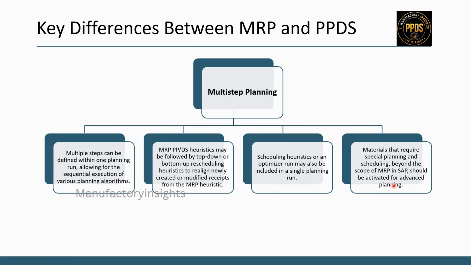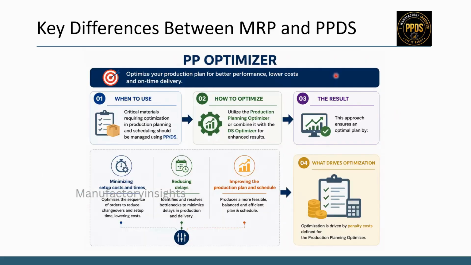Materials requiring advanced planning and scheduling beyond the standard MRP process in SAP ERP must be activated for this enhanced planning. Next, we will see PP optimizer. Critical materials that require optimization in both production planning and scheduling should be managed using PPDS, either with the production planning optimizer alone or in combination with the DS optimizer.